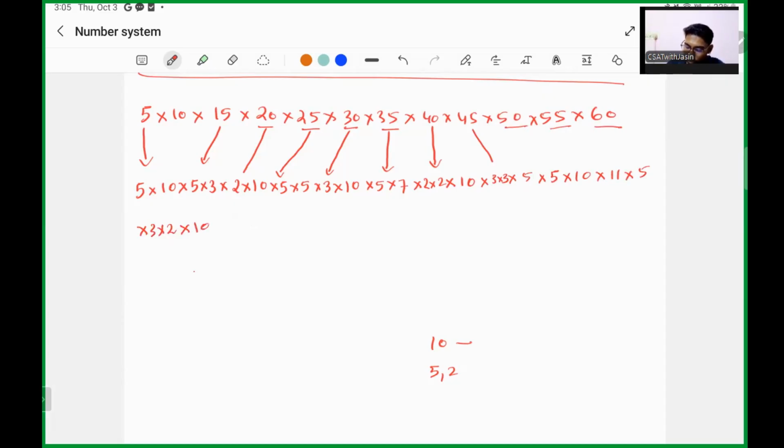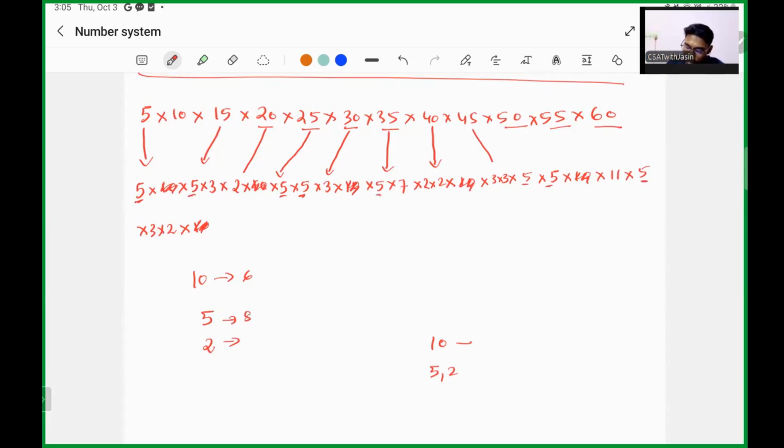Now we need to find how many 10s there are. There is 1 10, 2 10, 3 10, 4 10, 5 10, and 6 10. So there are 6 10s. Now we need to find the number of 5s and 2s. Here 1 5 is there, 2 5, 3 5, 4 5, 5 5, 6 5, 7 5, 8 5.